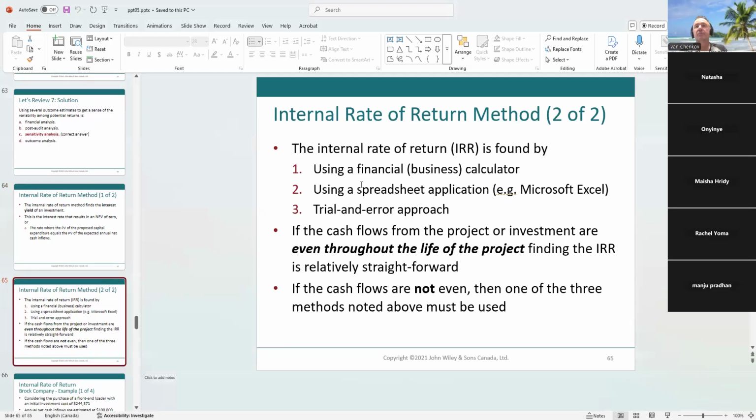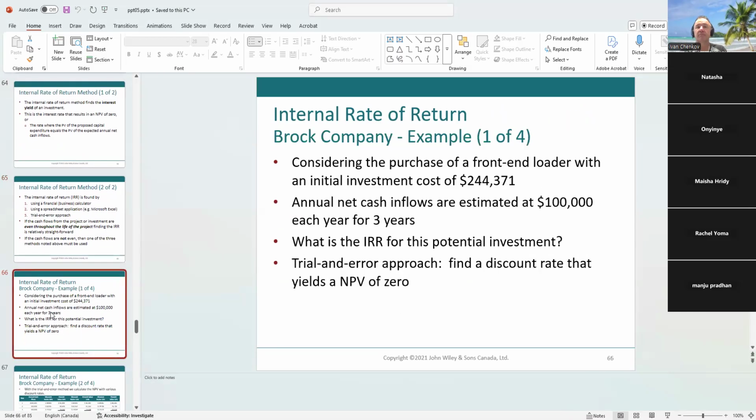We can use three methods. First one is to use the financial calculator, the one that you had. Second one is to use the Excel spreadsheet. And the third one is to go with trial and error, trial and error. Again, our objective is to bring the net present value to zero.